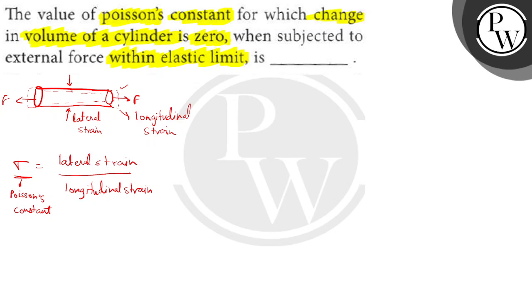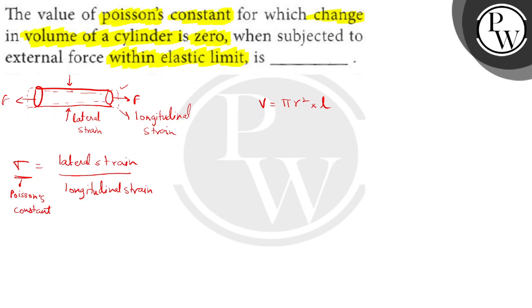So now if they're saying that the change in the volume is zero, what is the volume given by? We have the volume is nothing but pi r square, which is the area of cross section, multiplied by the length of the cylinder.